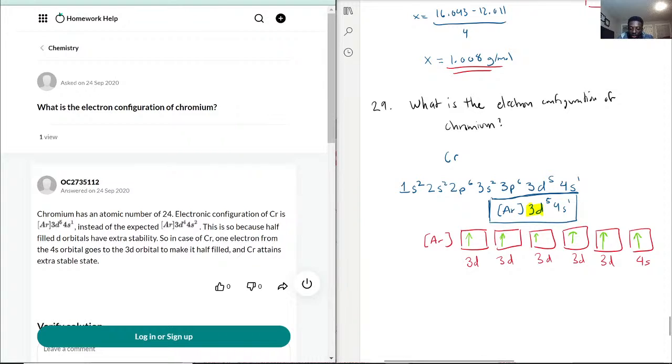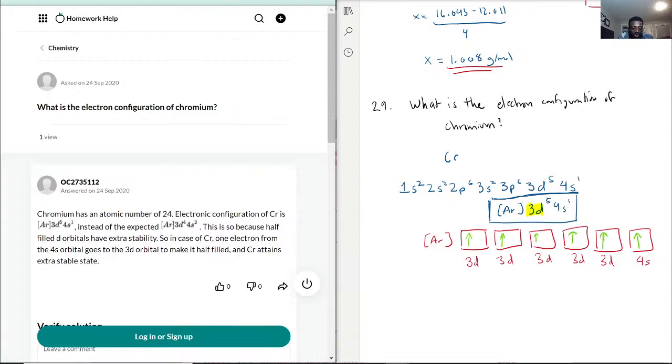You see all these filled d orbitals? This is actually more stable than having 4 of the 5 filled and 2 in the s. Like I said, the s and the d orbital are different enough in their energy levels that this is considered the more stable version for chromium.